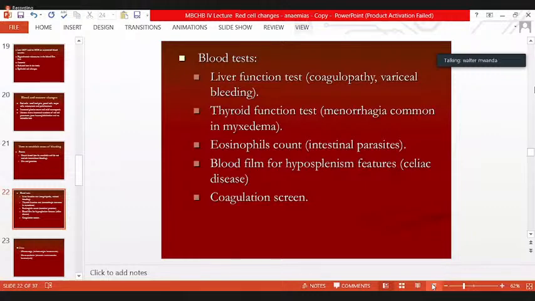Celiac disease may manifest with microcytosis, target cells, and also hypochromasia. In some cases, we may also do the coagulation screen. I emphasize this will be dependent on the clinical scenario. Notwithstanding, when we are investigating the cause of microcytosis, these are the other addendum tests.